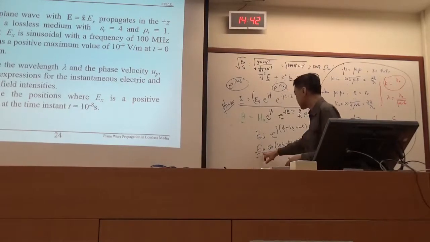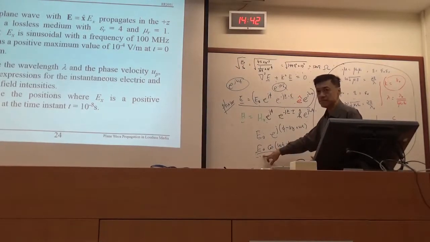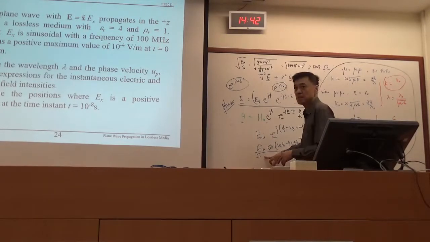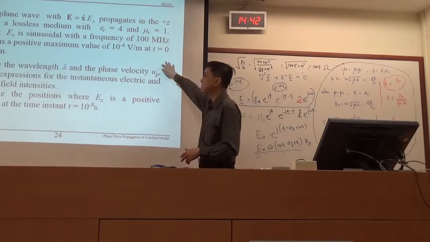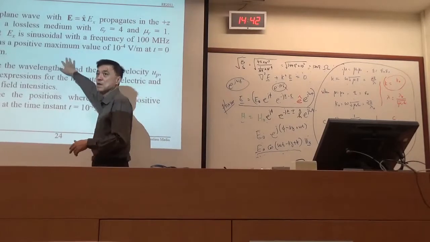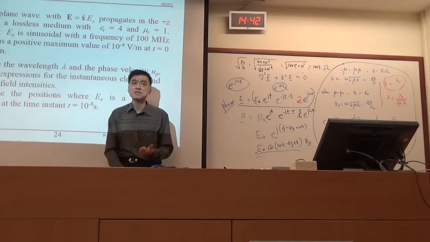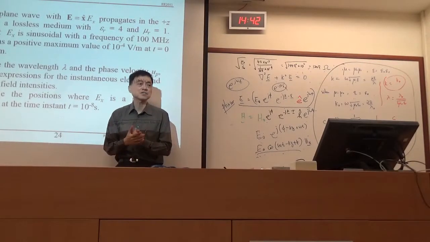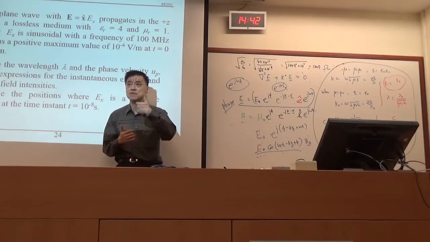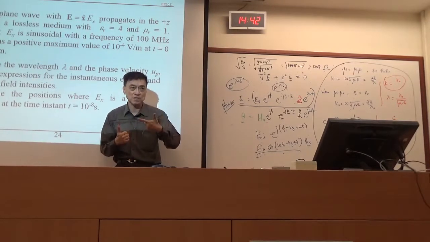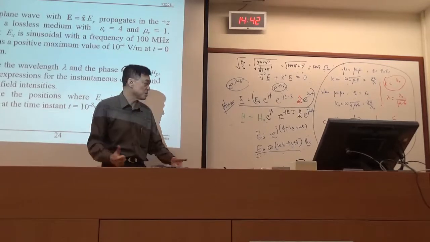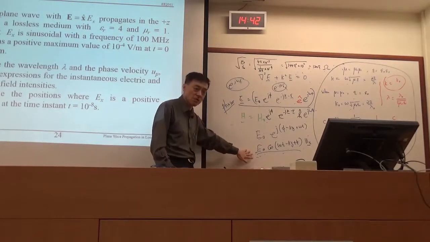There are two unknowns here, E naught and phi, and one piece of information cannot solve for two unknowns. Therefore, they make an assumption that E naught equals 10 to the power minus 4.